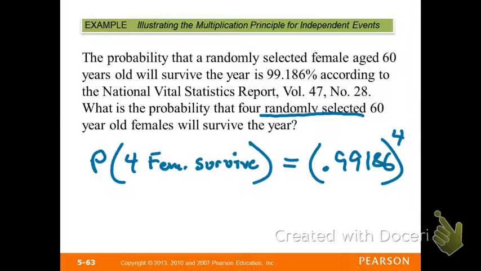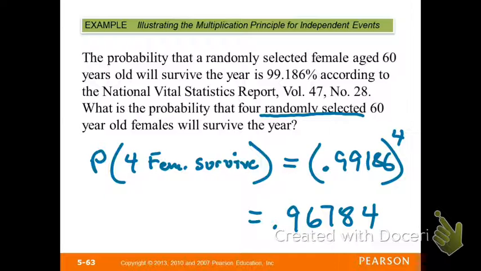Grab my calculator. 0.99186 to the fourth power is 0.9678, and then some other stuff. So about 0.9678. Let's do this since they carried it out to 5 decimal places. Let's carry it out to 5 decimal places ourselves.